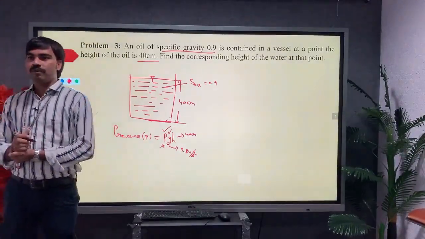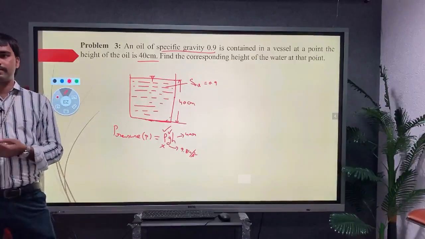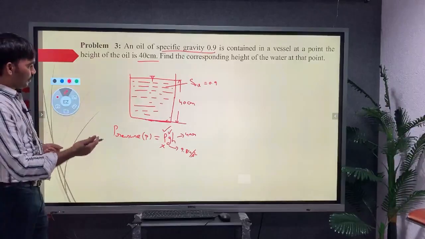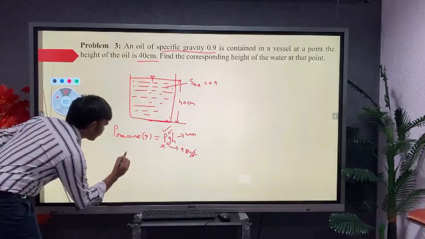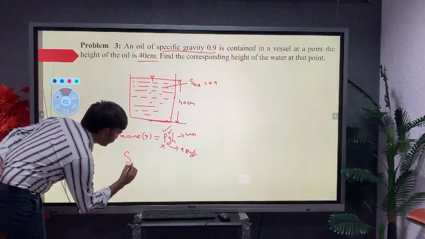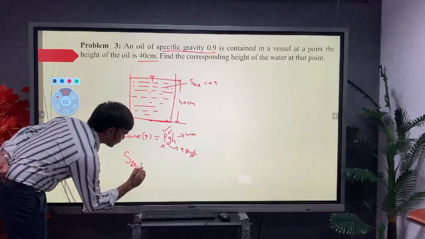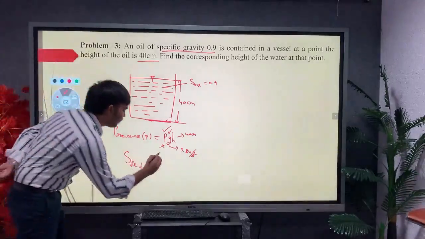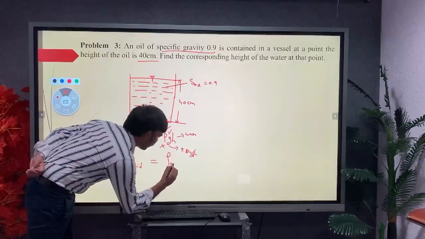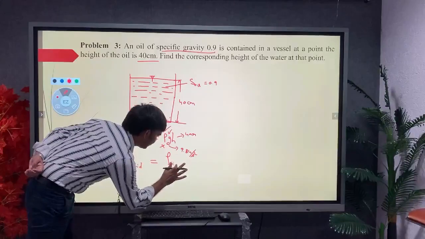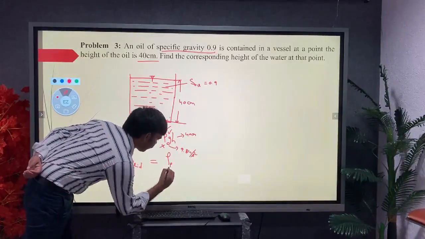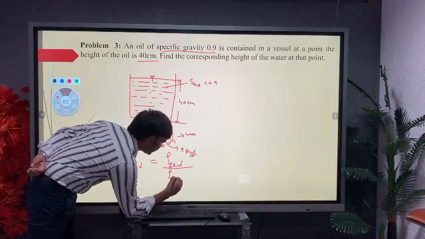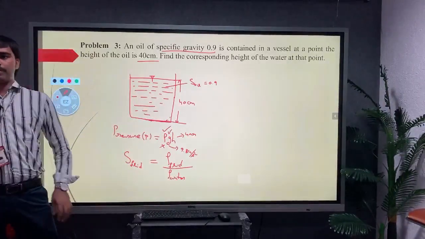How do we find rho? We already discussed in the first class the expressions for fluid properties. The specific gravity of a fluid is the ratio of the density of the fluid divided by the density of the standard fluid, that means water.